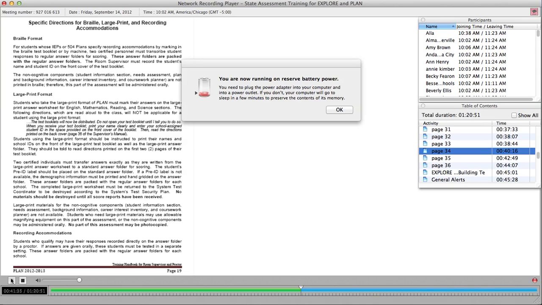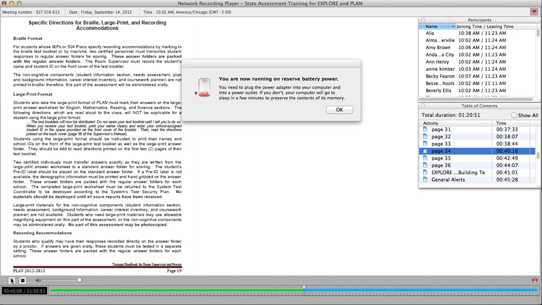The large print format, if you will read that and make sure that your room supervisors understand that there is a little difference in the oral instructions because once the student completes the test on a large print answer document or large print worksheet, those answers must be transcribed by two certified individuals to a regular answer document or a standard answer folder for scoring.